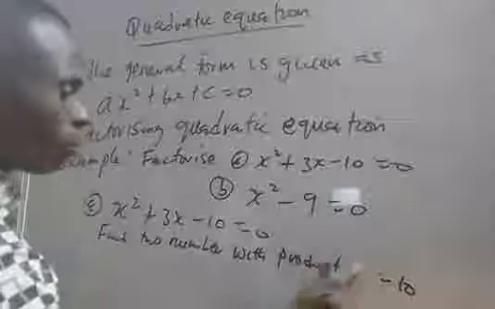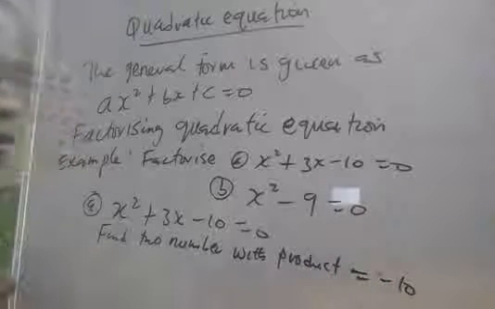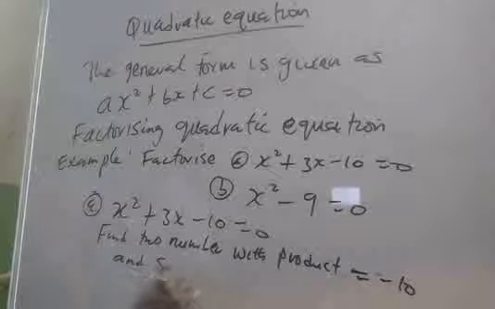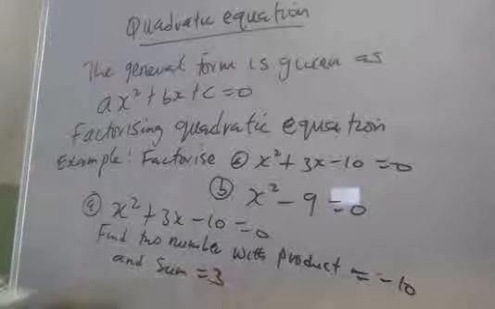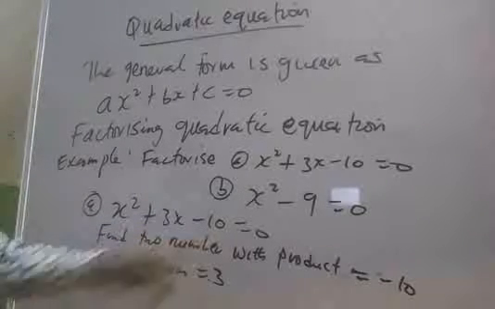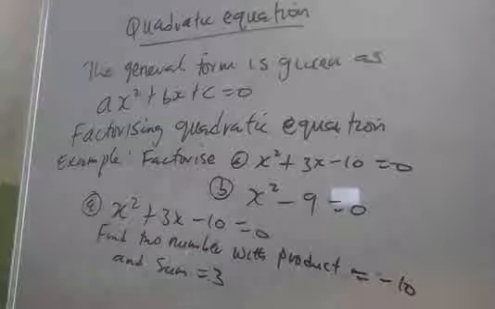The product of the two numbers must be minus 10. And the sum is equals to 3. Now this position is the sum, while this position is the product.